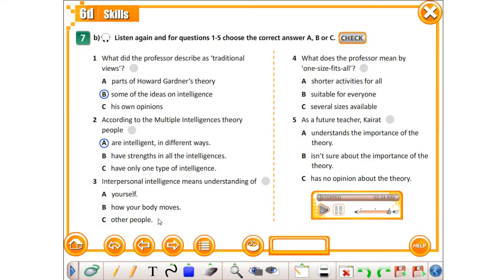Correct answer C, other people. Question 4. What does the professor mean by one size fits all? Correct answer B, suitable for everyone. And 5. As a future teacher, Kairat. Correct answer A, understands the importance of the theory. I hope you got the correct answer.